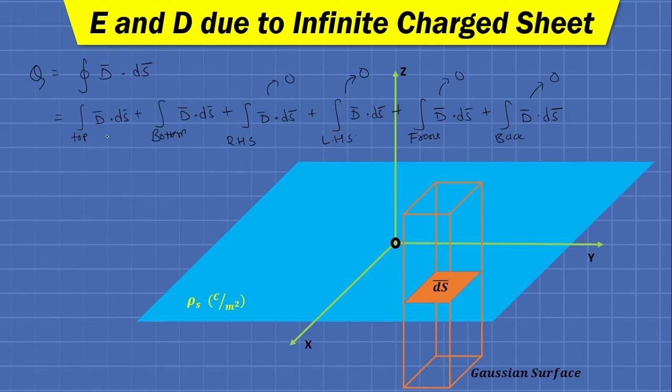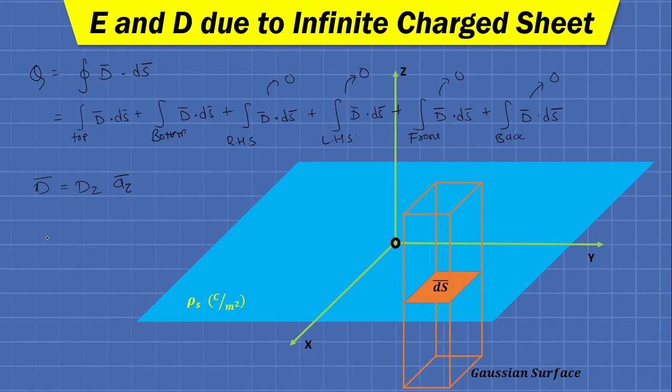Fine, for the top and bottom cases the angle will be 0 degrees, so we can write D bar as the magnitude of flux density and the direction, which is a_z bar.